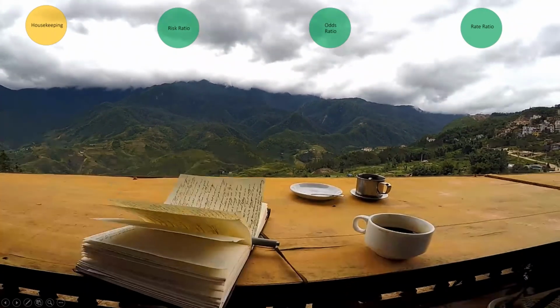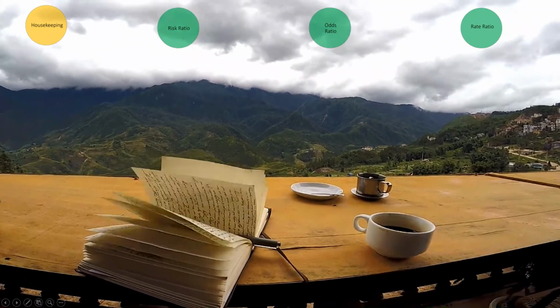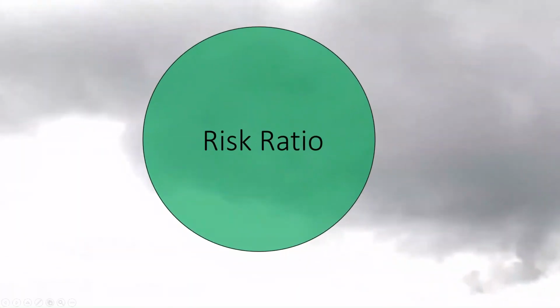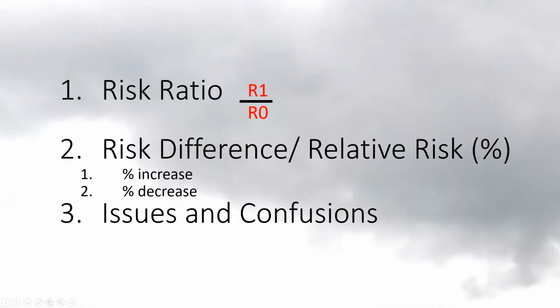Right then, let's go on to risk ratios. Now, risk ratios, R1 over R0. R1 is exposed versus non-exposed. Then I'm going to go into risk differences, or relative risk in percentages, percent increase or percent decrease.